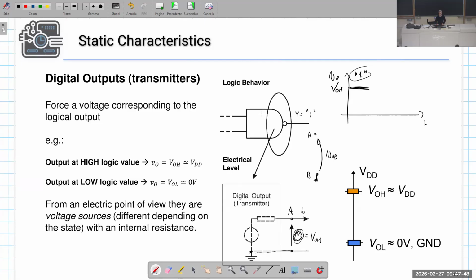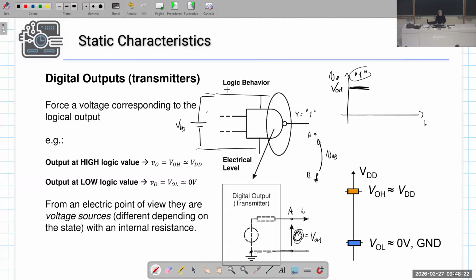Real-world digital circuits, beside the inputs and the outputs, have also connections to constant power supply voltage, which provides the energy which is needed to perform the digital operations. So actually, also in the circuit representation, we always have a connection to the supply voltage VDD.